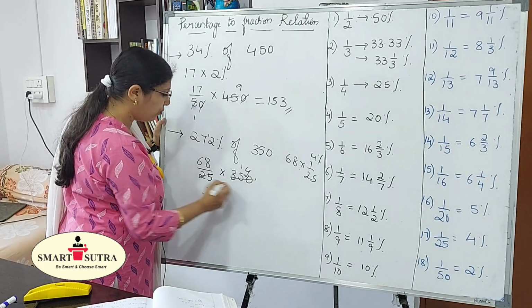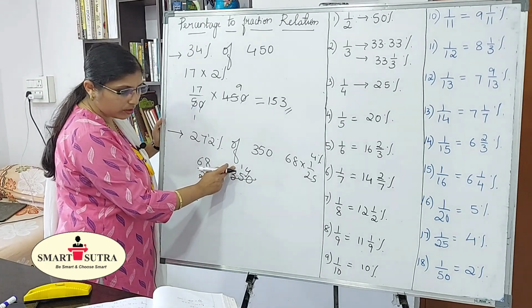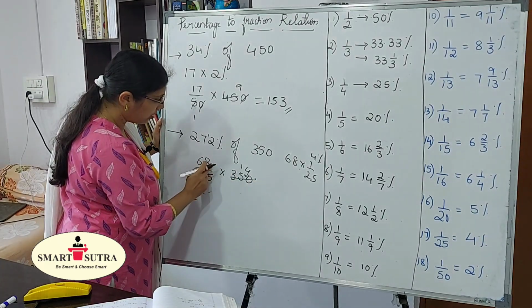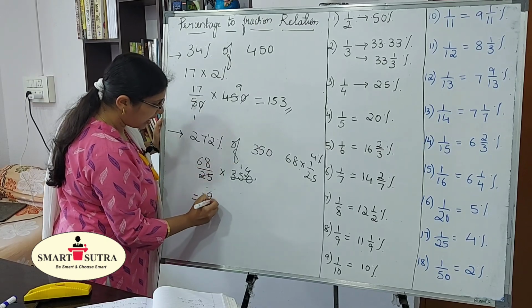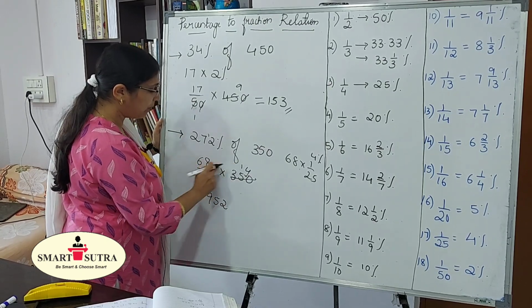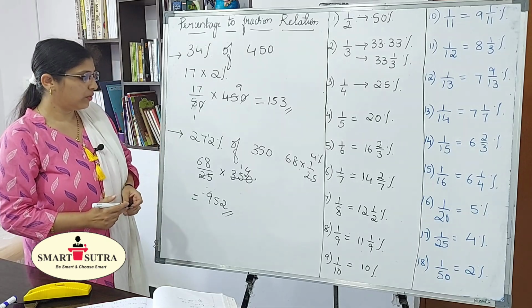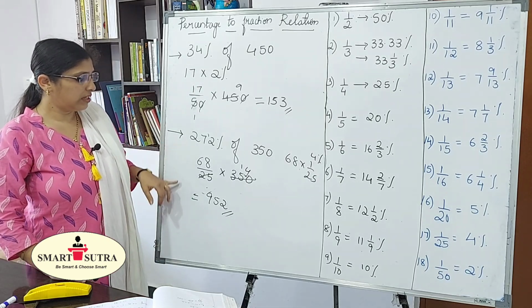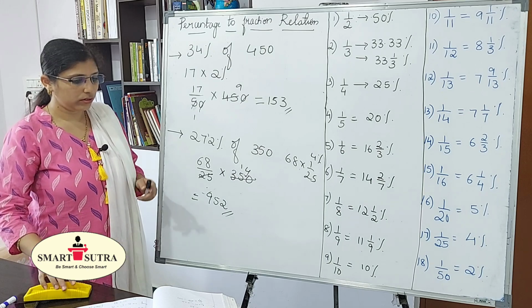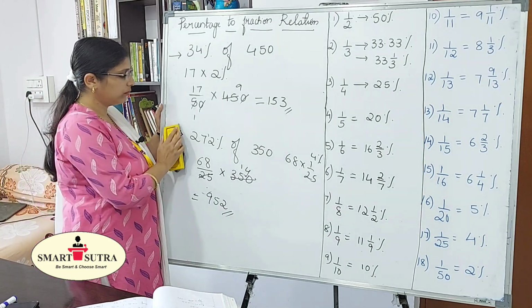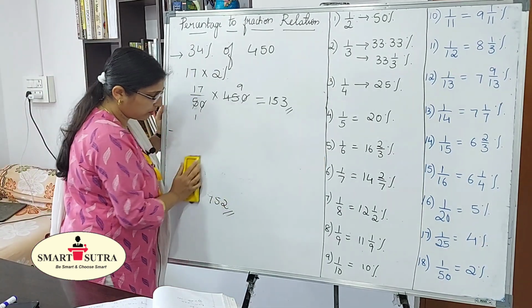Then 68 into 14 you can directly do. This will be 952. When you multiply 68 into 14, it is 952. Within one simple step, you got the answer. We'll see some more problems.